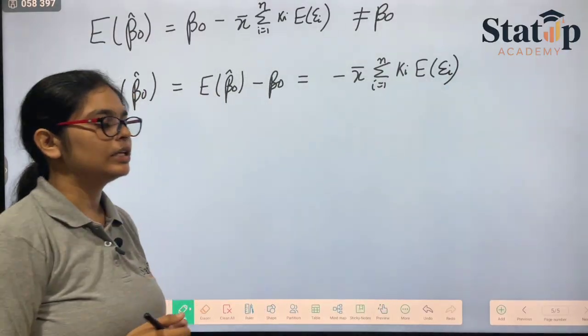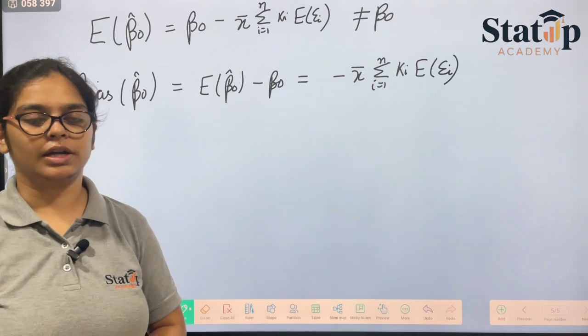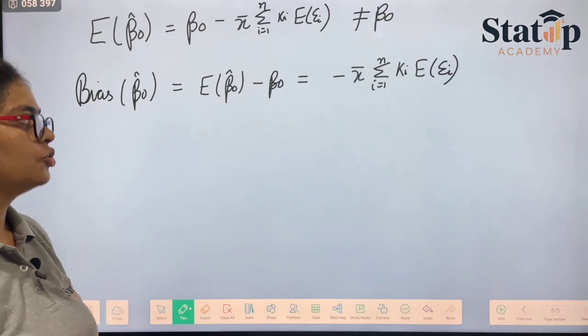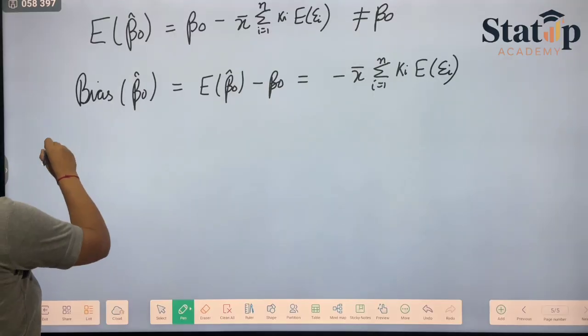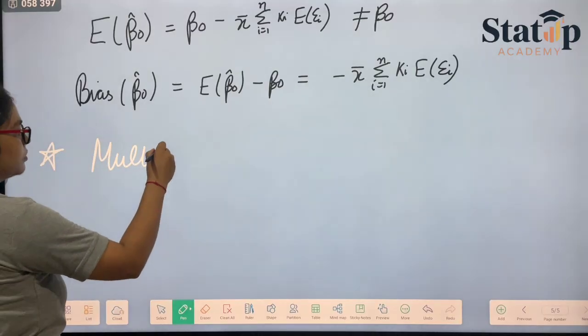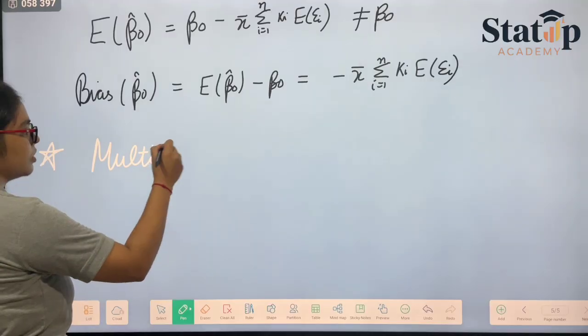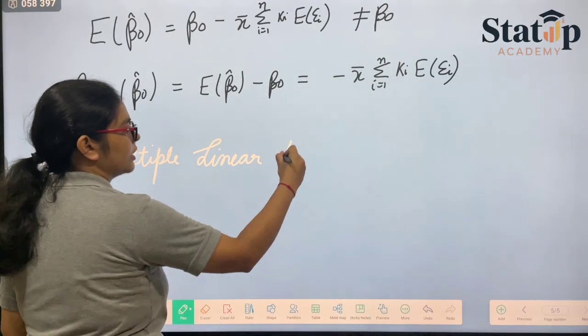So by these two techniques we have found out that we get both biased estimators when there is endogeneity present in our model. Now if we discuss multiple linear regression model.